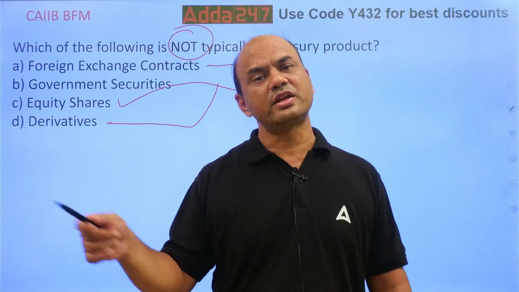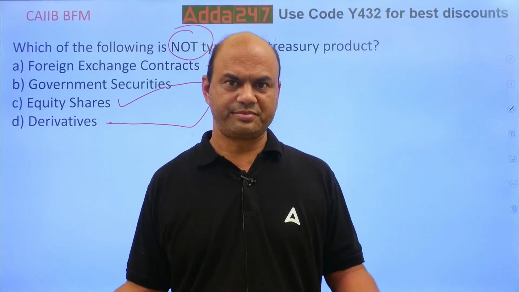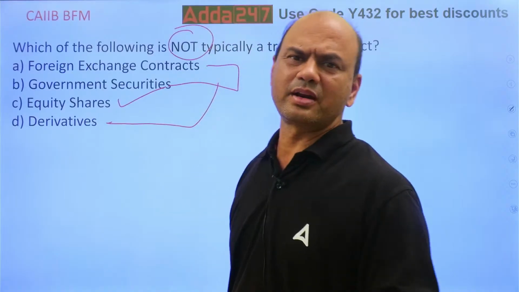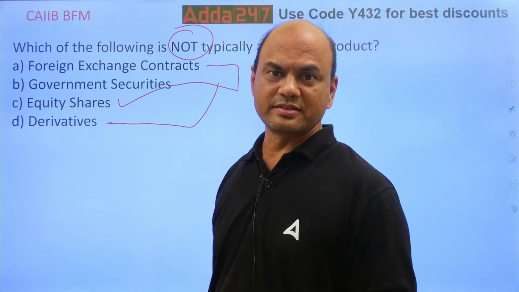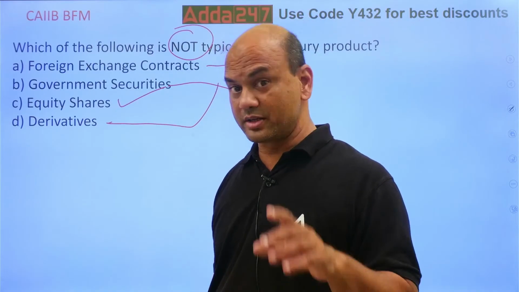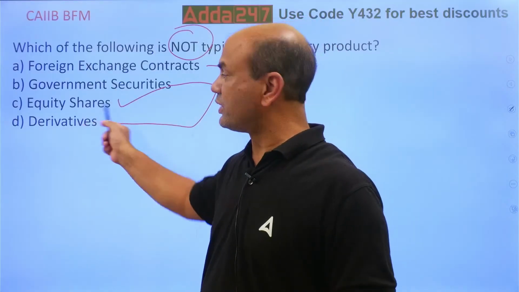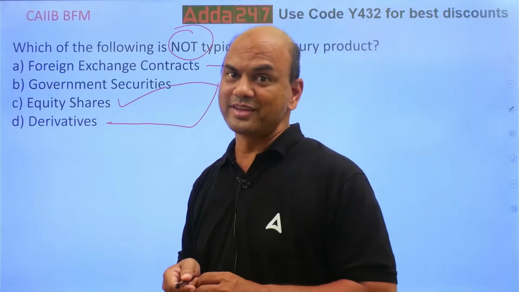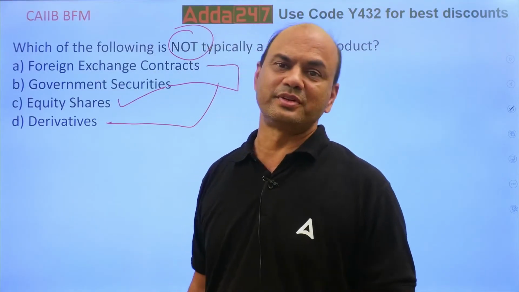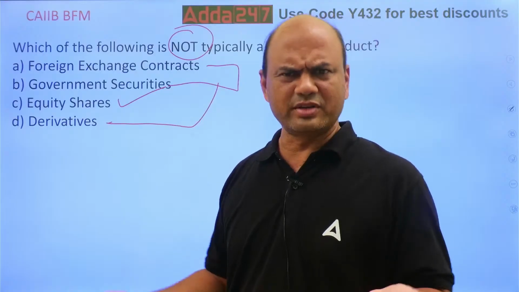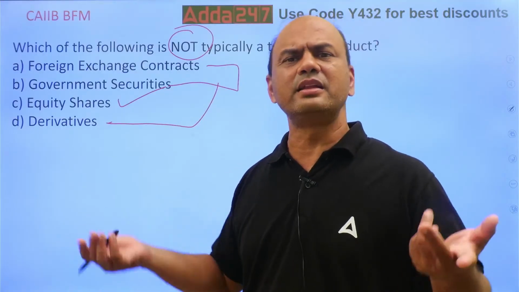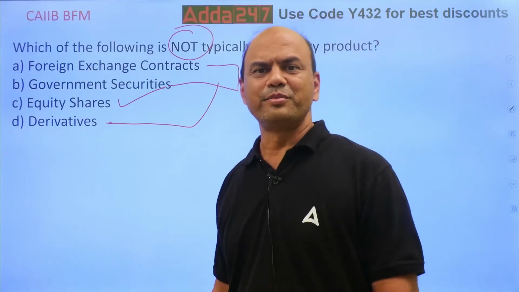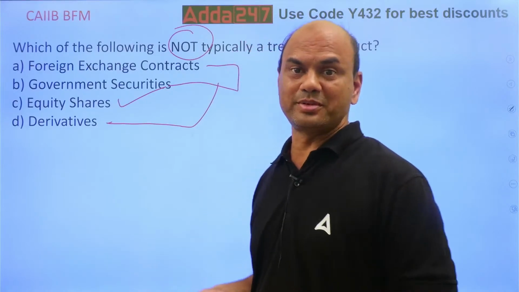Government securities are called bonds. So these are the real bread and butter of the treasury. Even now, equity shares are not the product of treasury, but then also treasury can work in equity shares because it's not a product, but I deal in it. Because I have to earn money. That's my main job, isn't it?